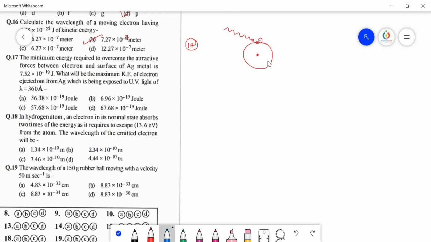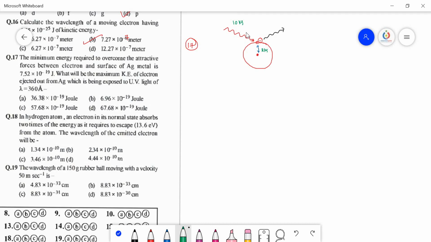Out of this energy, the electron will utilize some to overcome the nucleus attraction, and afterwards the electron will come out of the atom and use the remaining energy as kinetic energy. Imagine 10 kilojoules of energy is given to the electron, and 2 kilojoules of energy is required for the electron to overcome the nucleus attraction.